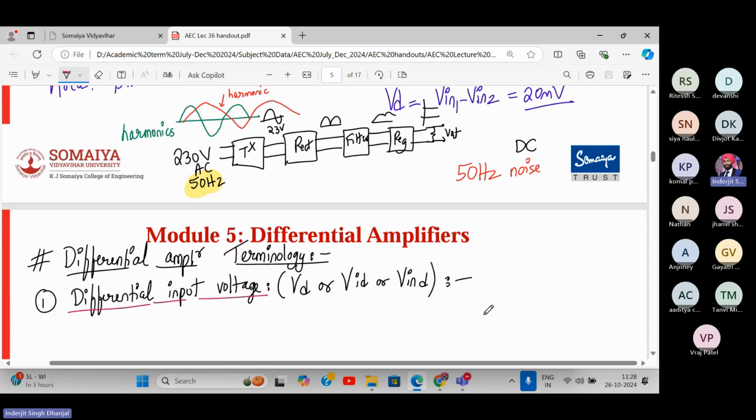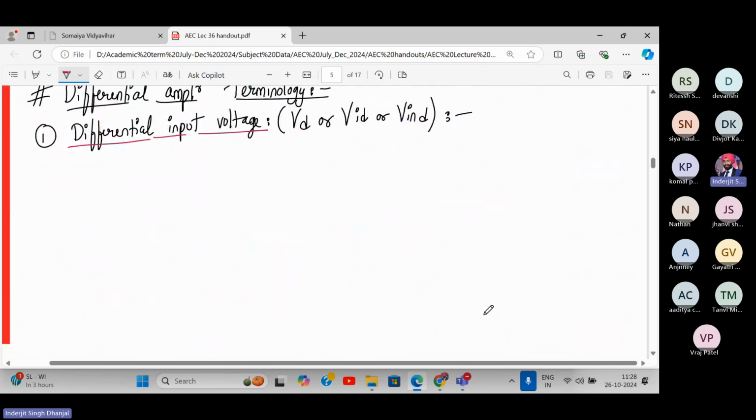So now we will formally define it. Please write down the definition.